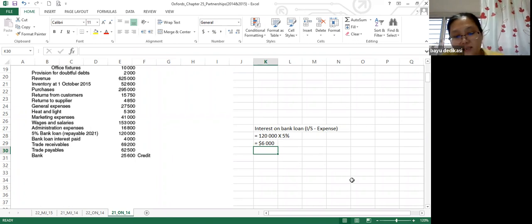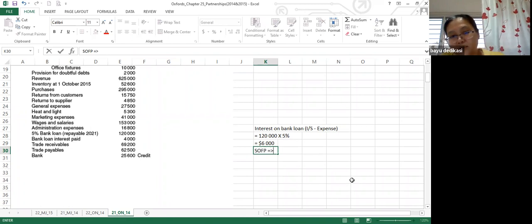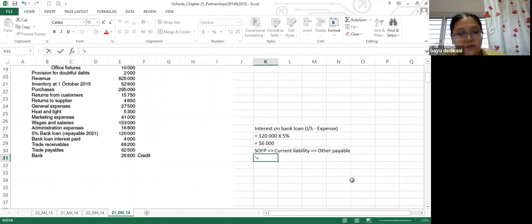So the difference, under your SOFP, you will have one account, other current liability, under the other payable. So you have to take 6,000 minus amount paid, 4,000.